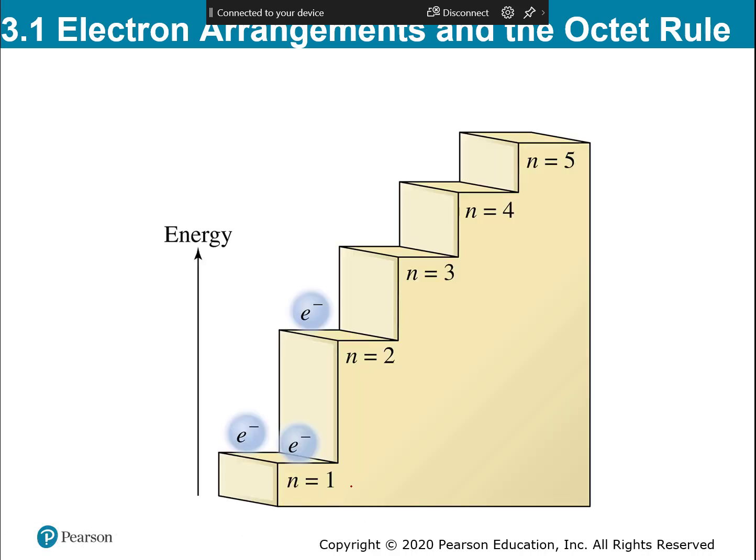So the first energy level is the one that's the lowest. This is the one that's closest to the nucleus. And here, the maximum number, not mass, the maximum number of electrons is 2. And that's hydrogen and helium.